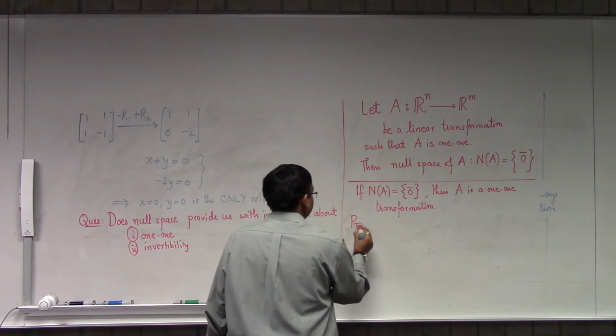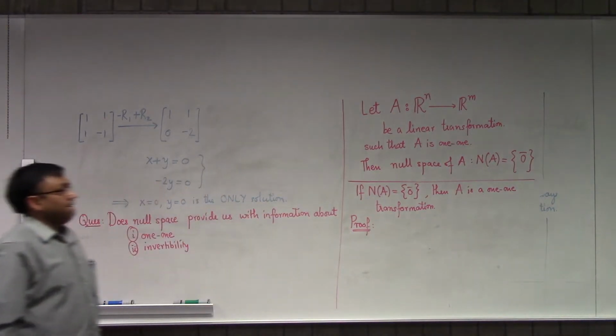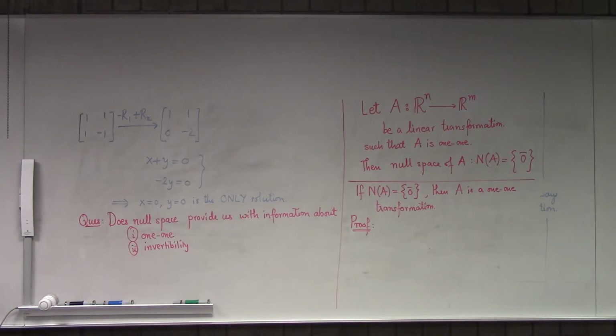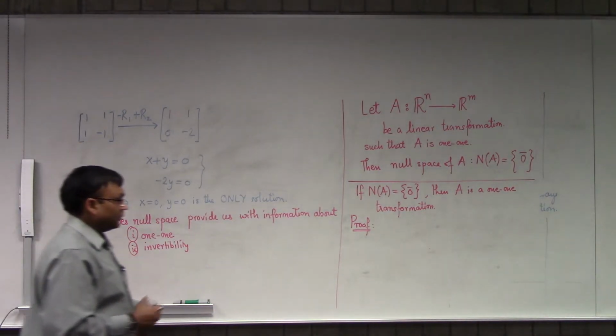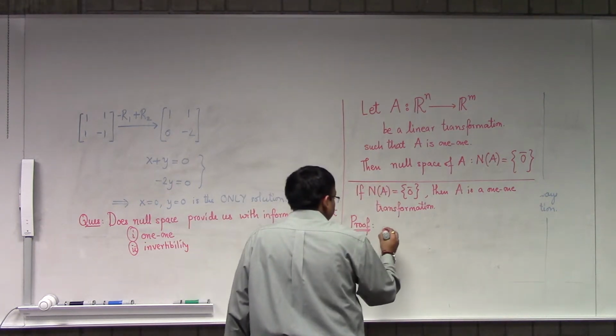Let's see if we can have a quick proof of it. If this is true, then null space having only the 0 vector guarantees 1 to 1ness of the transformation, and 1 to 1ness may help us discuss invertibility if n and m are the same.